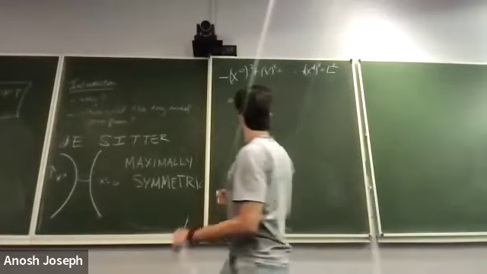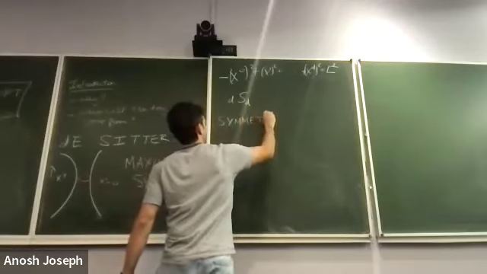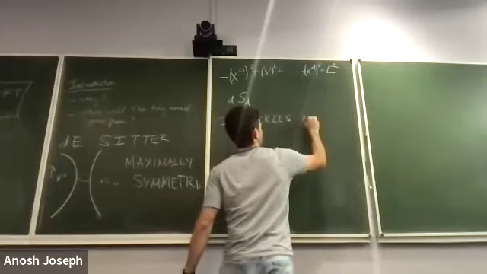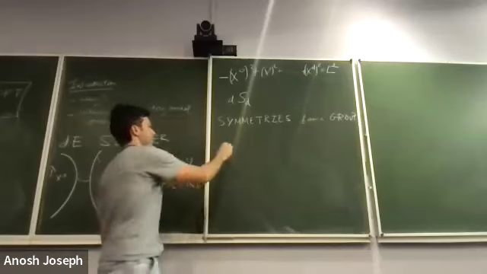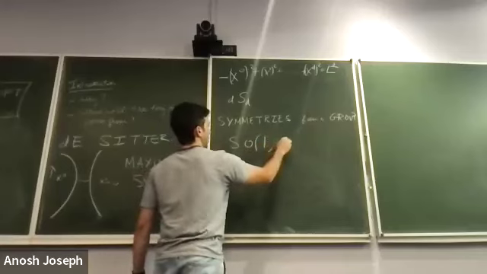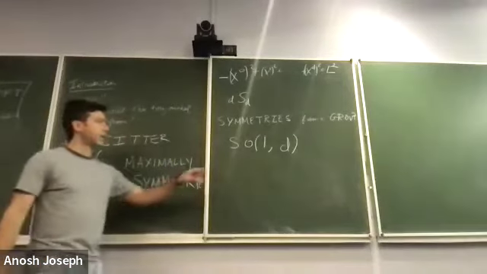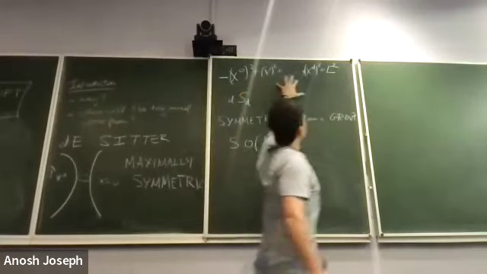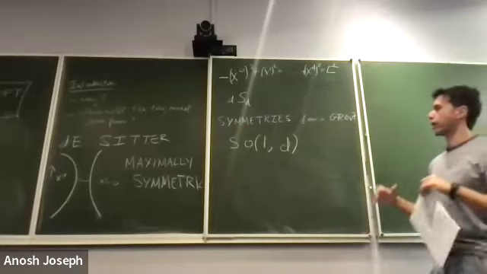So the symmetries form a group, and that group is known as SO(1,D), the special orthogonal group. SO(1,D) is telling you that you have one Lorentzian direction and D-1 spatial directions.